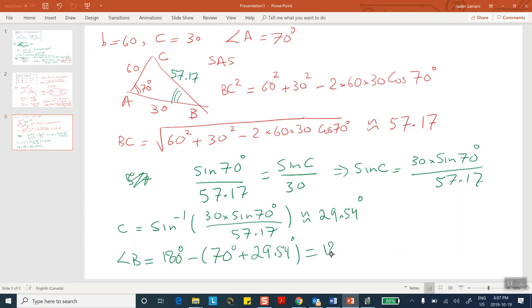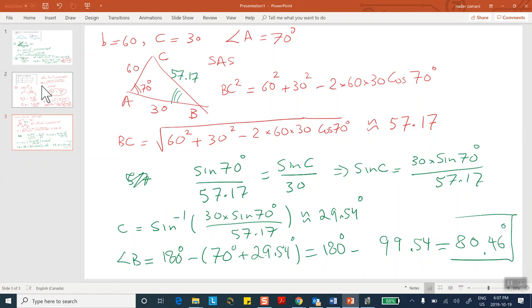Let's add these up. Yeah, I'm pretty sure that's okay. So there's the other angle.